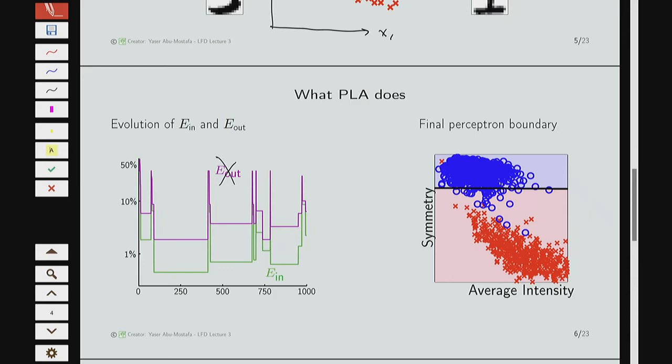But if you see, this one is actually not a good point. But if you look throughout your history, this point is pretty good, right? If I had remembered what that line was, I should use that line instead, because that line gives me a lower E in. That's the whole idea of the pocket algorithm. We want to grab this point somewhere.